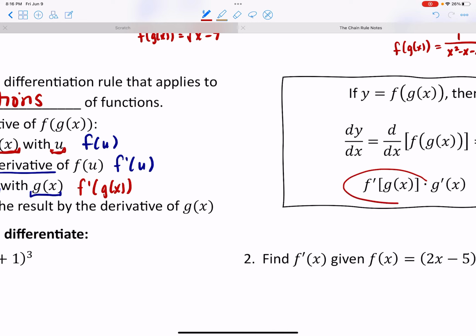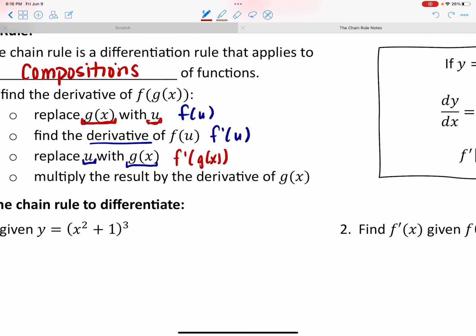This is the first part of our rule, f prime of g of x. So all I have left to do is multiply by the derivative of the inner function. If I multiply the f prime of g of x by the derivative of my inner function, g prime of x, then I'm done. That's going to be the derivative of that composition.